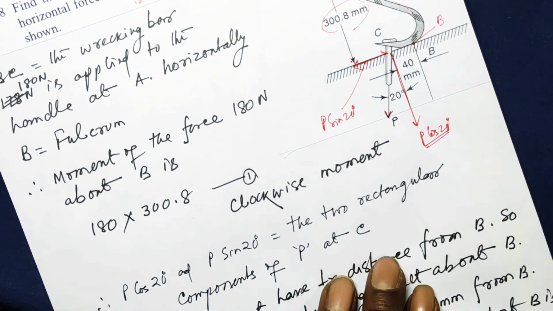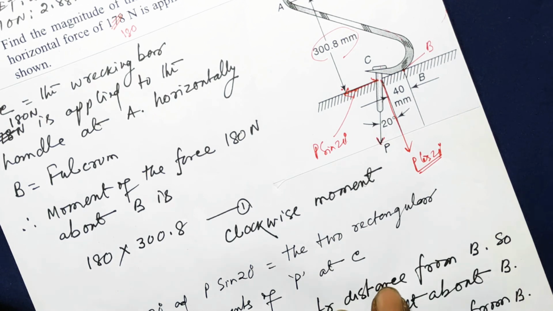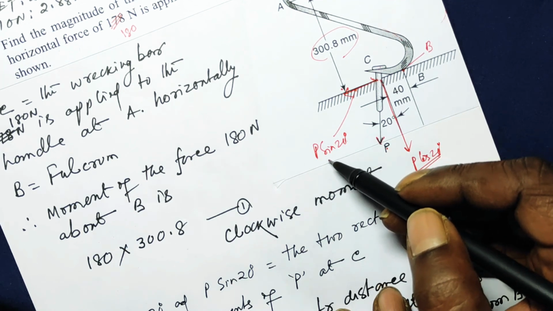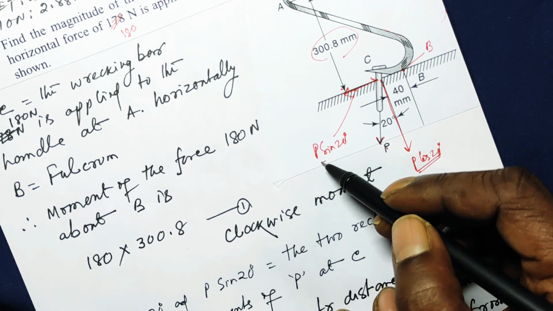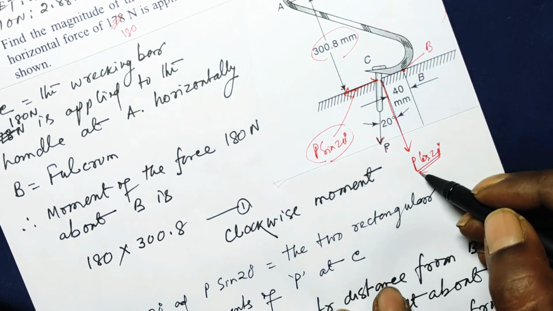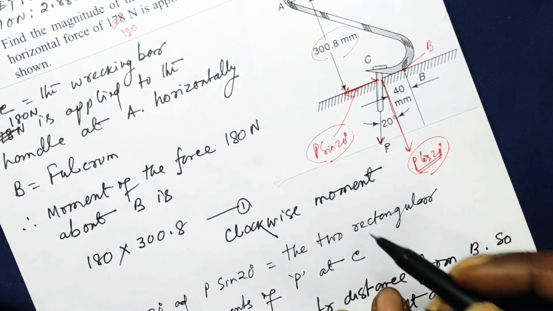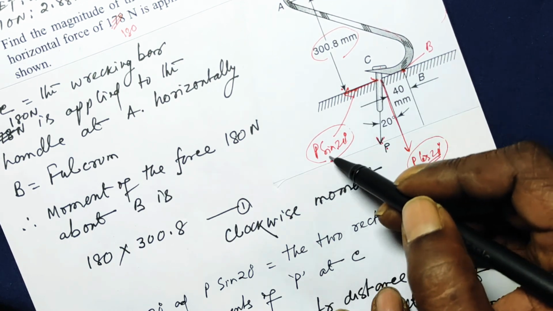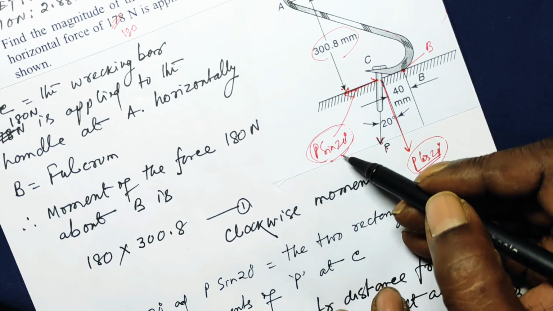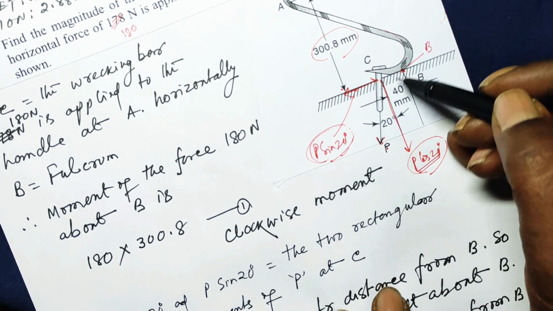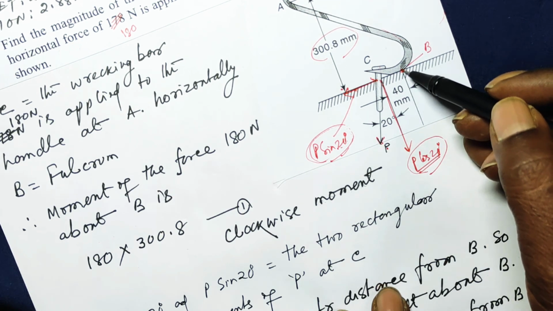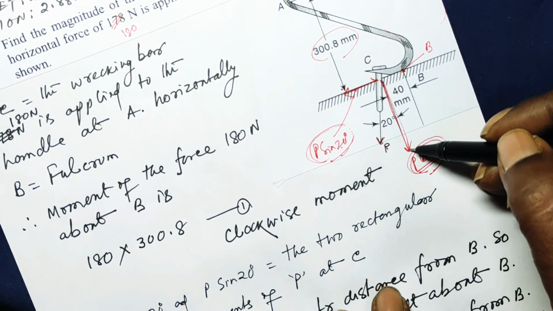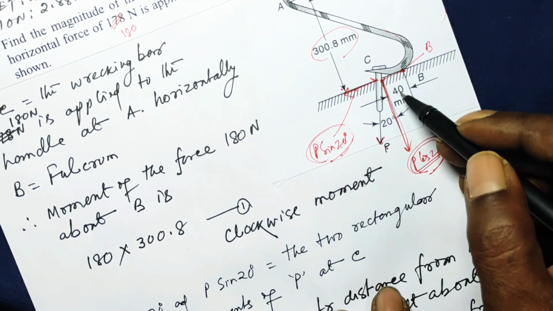P cos 20. And we are considering the moment, so instead of considering the moment of the pulling force P about B, I can consider separately the moment of its two components, that is the moment of P sine 20 about point B and the moment of P cos 20 about point B. Now P sine 20, which is the component of P to this side, will pass through the point B. So P sine 20 does not have a perpendicular distance from the point B. So P sine 20 will not produce a turning effect about point B. Whereas P cos 20, which is acting from this point to this side, is at a perpendicular distance of 40 mm.